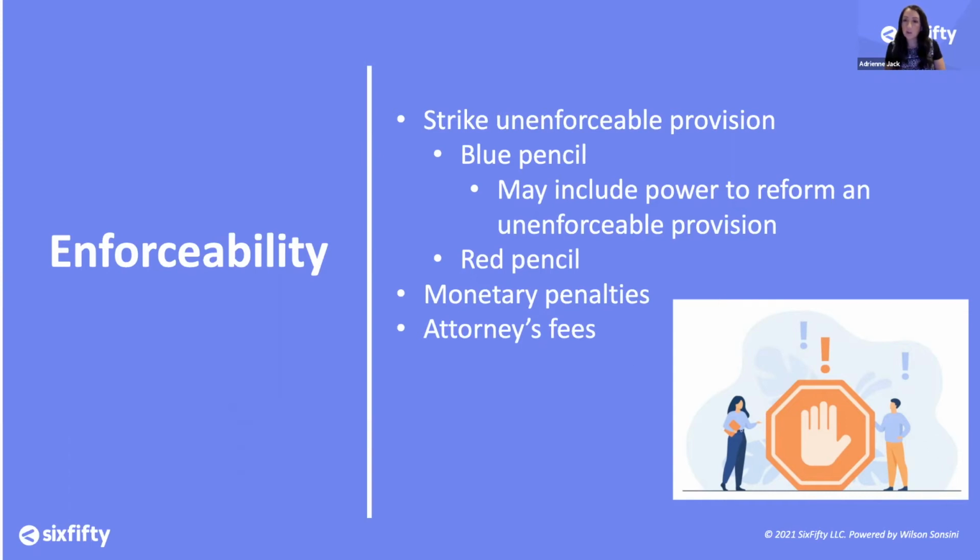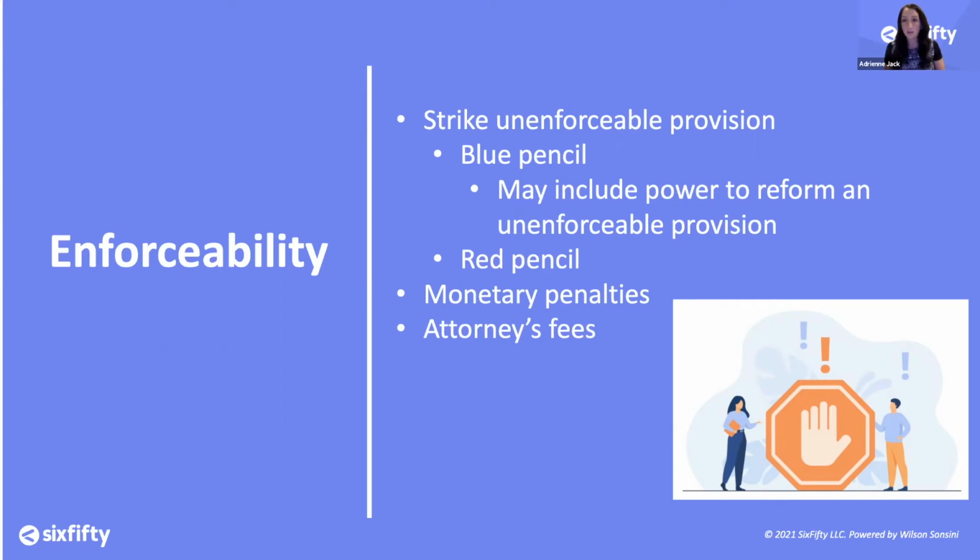Some states will also allow a reformation or a rewriting power. So the court has discretion to rewrite the unenforceable parts to make it enforceable. And about 2/3 of states allow this power to rewrite the parts of the restrictive covenant that are unenforceable. But the extent of this power varies. In some states, courts are only allowed to rewrite certain provisions of an unenforceable agreement, such as they can only rewrite the restricted period.